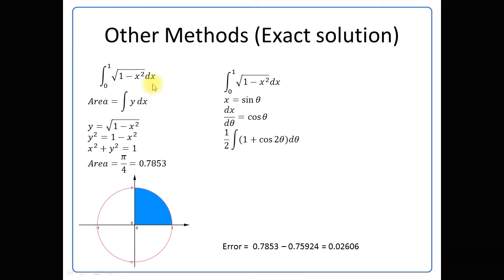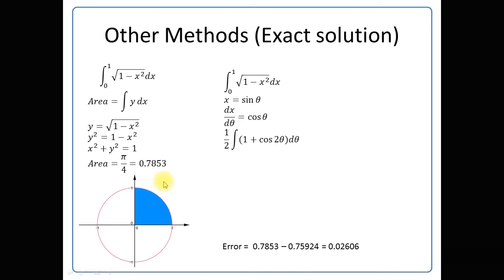This actually represents the equation of a circle through the origin, and from 0 to 1 this is the part of the given equation. So the area of this part is pi by 4, 0.7853.